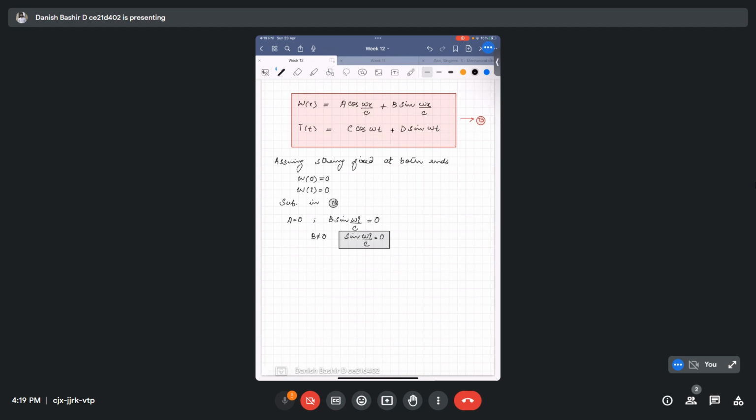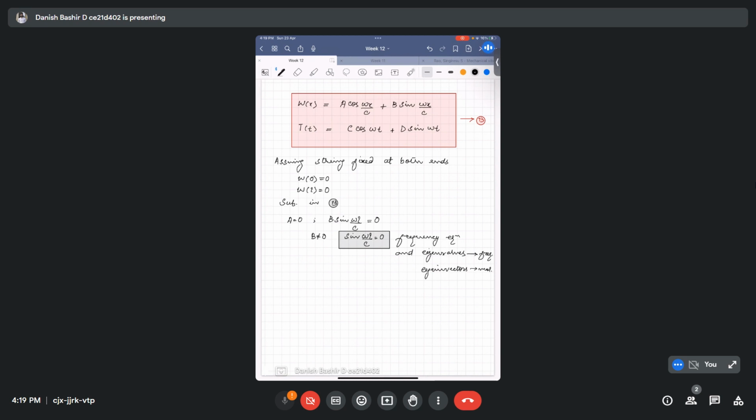Eigenvalues are frequencies, and eigenvectors are mode shapes.